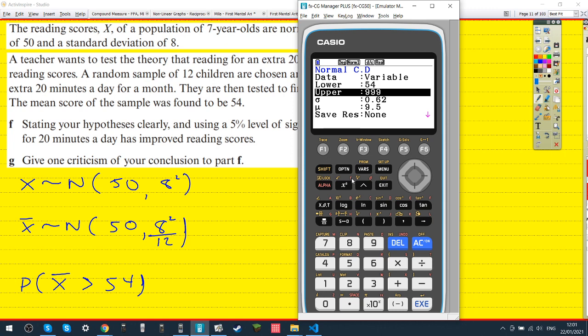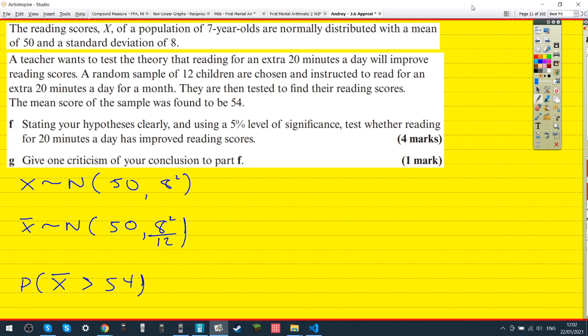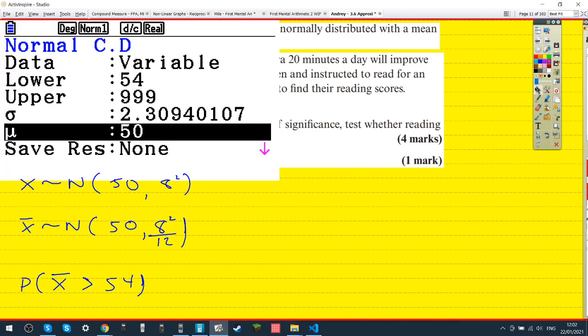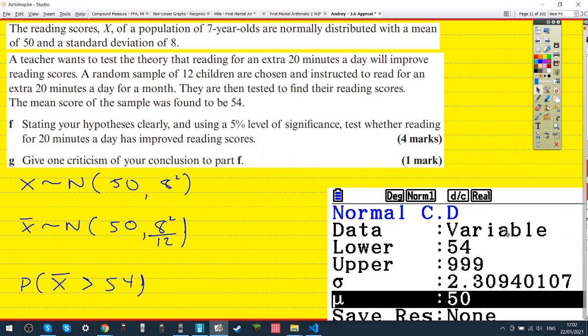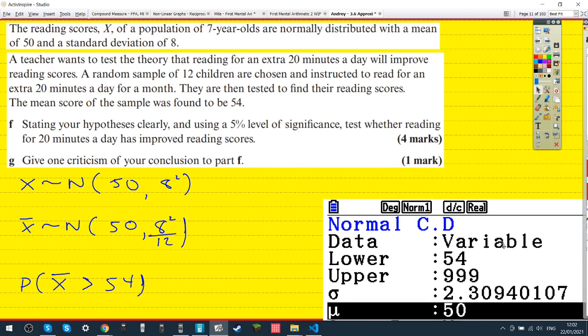Upper 999, and then do we do 50 and then square root of 8 squared over 12? Yeah. So 8 over root 12. And I got 0.0416.